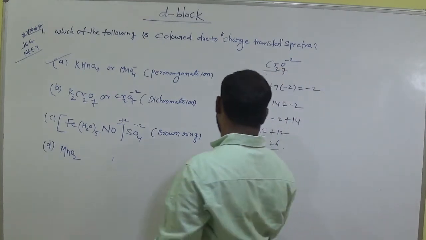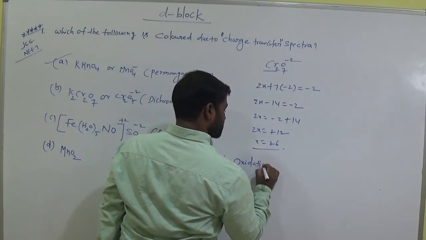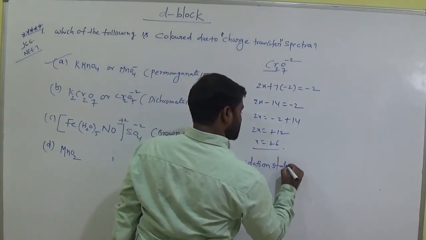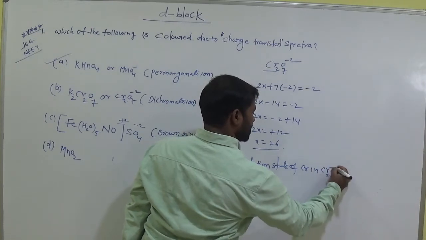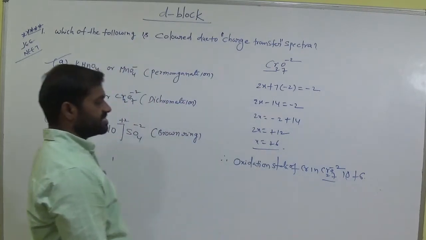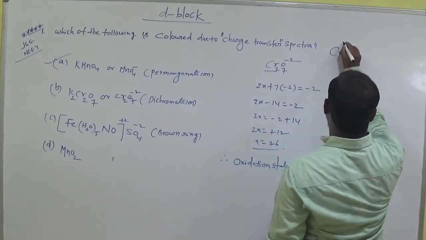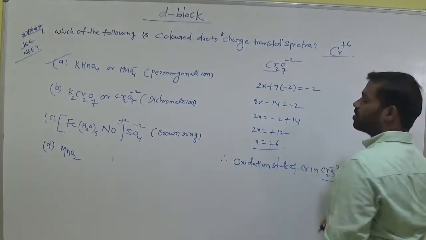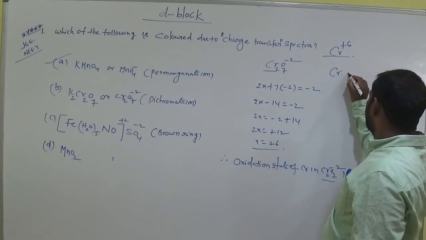Okay? Therefore, the oxidation state of chromium in Cr2O7 minus 2 is plus 6. So chromium plus 6 here. Am I right? What is the atomic number of chromium? 24.